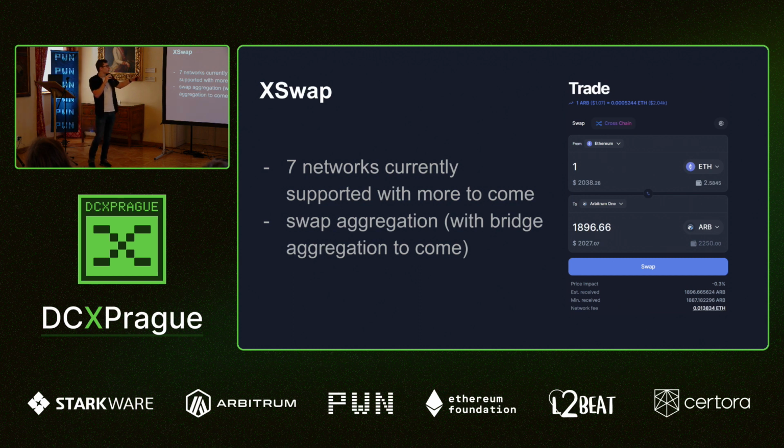So you could swap from, say, Maker on Ethereum into, let's say, ARB on Arbitrum, which is a pretty seamless experience, I would think, compared to having to do the swap yourself, then bridging, and then doing another swap on the other side.